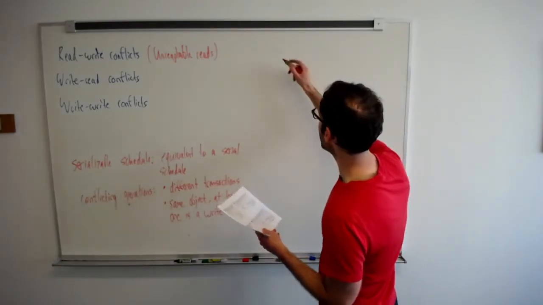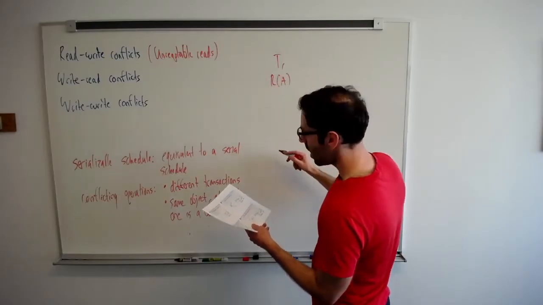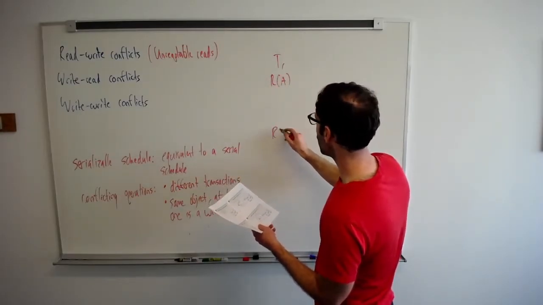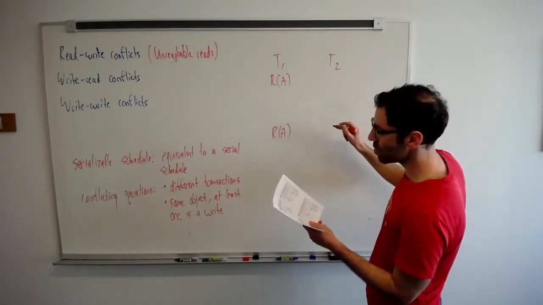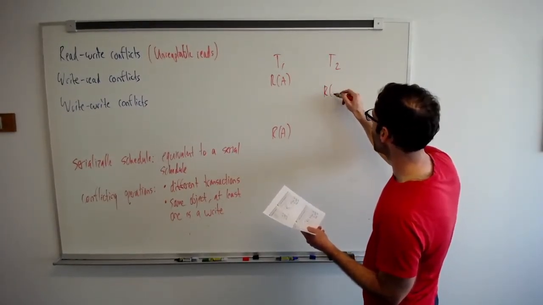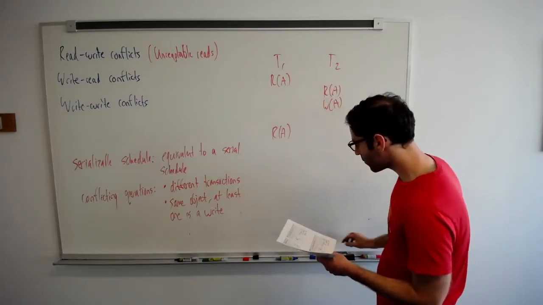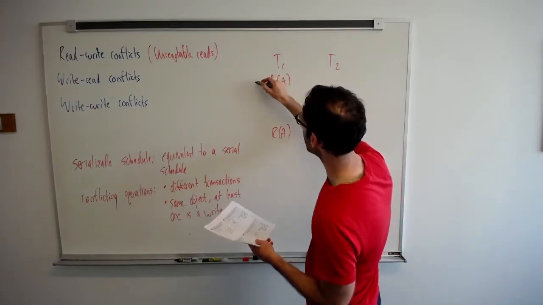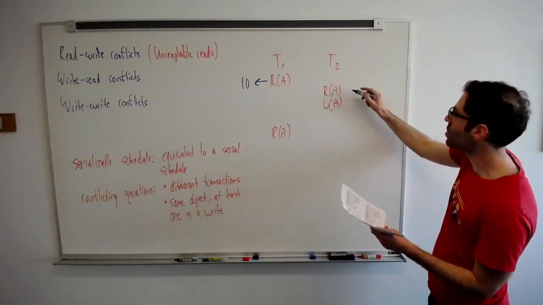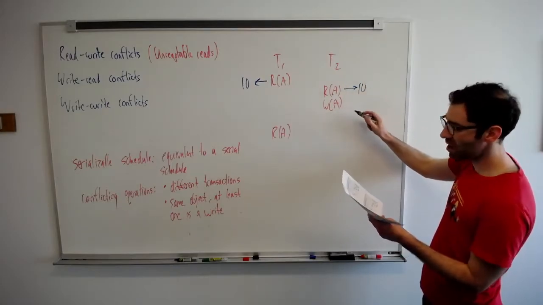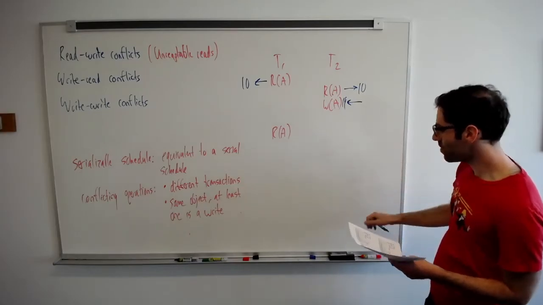So if transaction 1 reads A, and then later reads A again, and in the meantime transaction 2 has read A and then written A, then maybe transaction 1 reads 10, transaction 2 reads 10 but then writes 19.